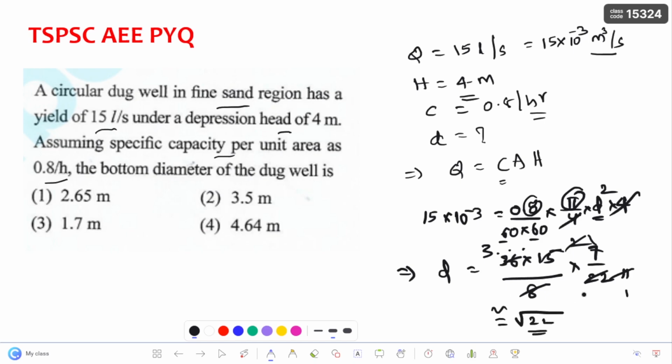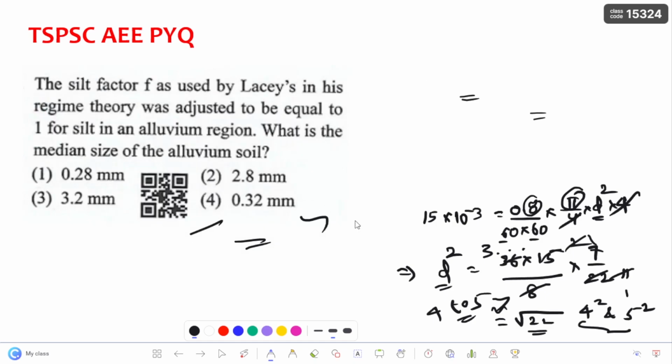Root over 22 lies between 4 square and 5 square. Here we have d square and we have to find the d. That means the value is approximately between 4 and 5. You can see the options here. 4.64 is the value in between 4 and 5. So option 4 is the right answer.